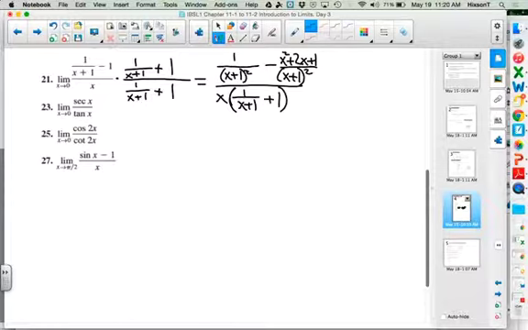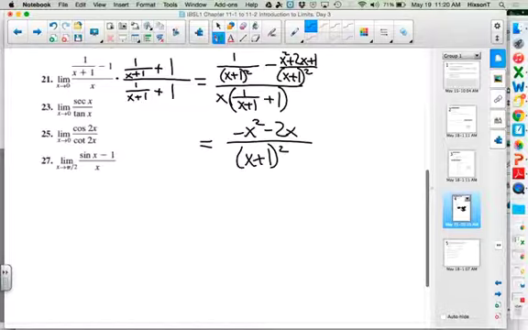Why does it get rid of the minus 1? It doesn't get rid of the minus 1. I'm just rewriting it. This equals minus 1. I'm doing this so that I have a common denominator in my numerator. That ends up giving me, I have a 1 minus 1, so that's 0, but I have a minus x squared minus 2x over x plus 1 squared.